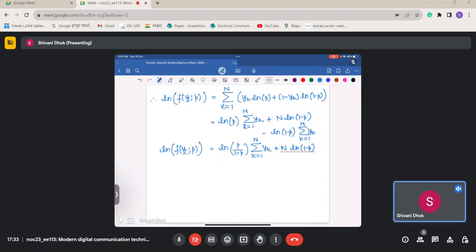For that, let us differentiate this term with respect to p. So this will be del by del p of log of f of y given p.